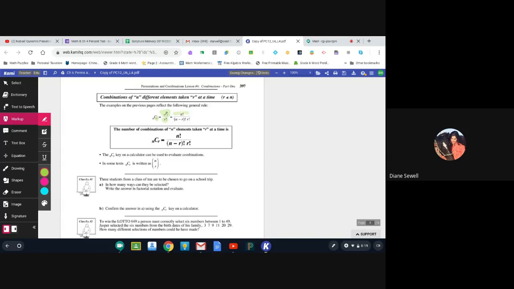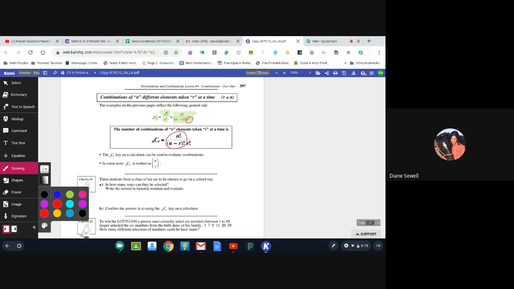So it turns out to be a new formula, noticing that the new part is this piece. The rest of it is the permutation formula. This is the permutation formula that you remember before, but now we're going to divide it by a little bit more because there are fewer combinations.